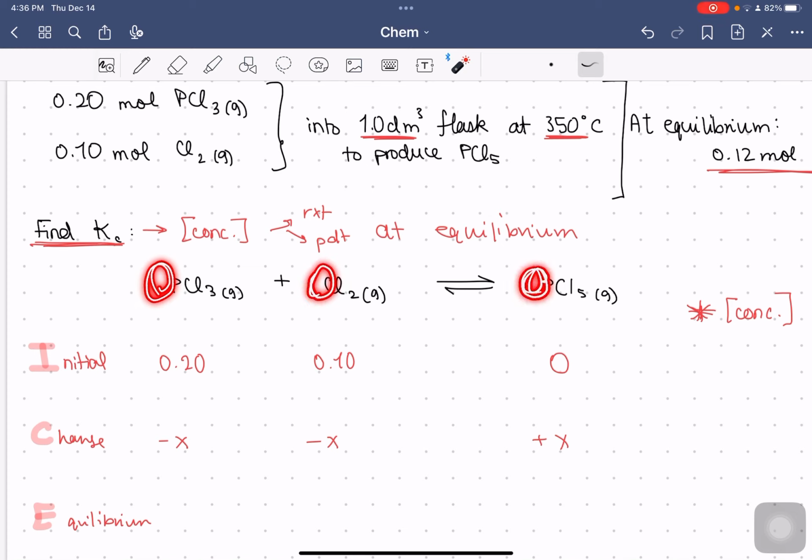If we did have a coefficient, let's say we had a 2 here, this would be 2. If this was a 3, we would have a 3. So change depends on the moles of our reactants. Match them to the change. Okay, so we know this is going to be adding because we're making products and we're losing reactants, which is why it's minus.